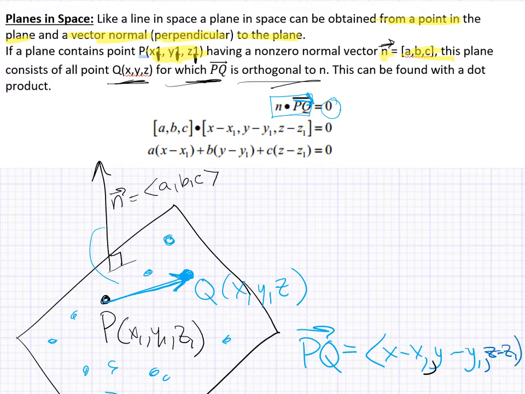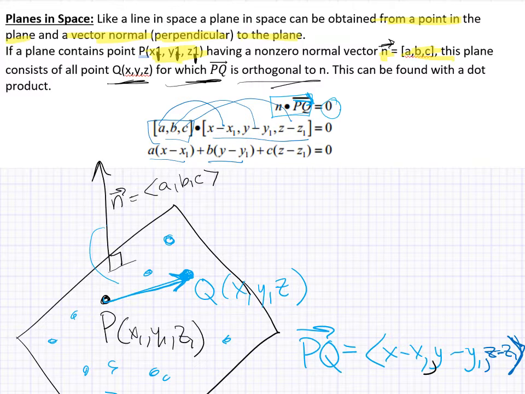That's vector PQ. And so the dot product between PQ and n should be 0. Here's n, here's PQ. If I do their dot product, I get a times x minus x1, plus b times y minus y1, plus c times z minus z1. And that should equal 0.